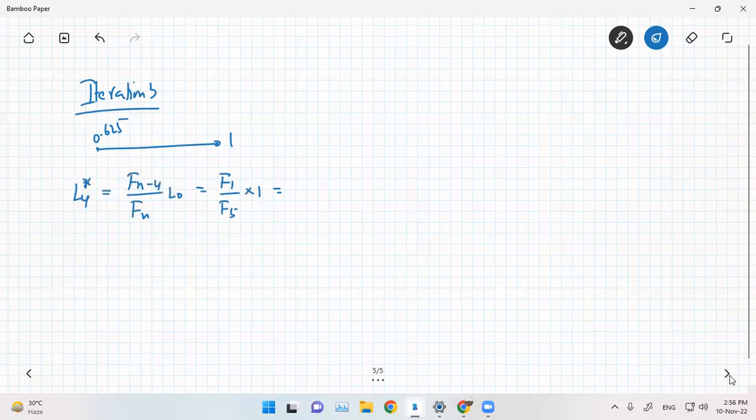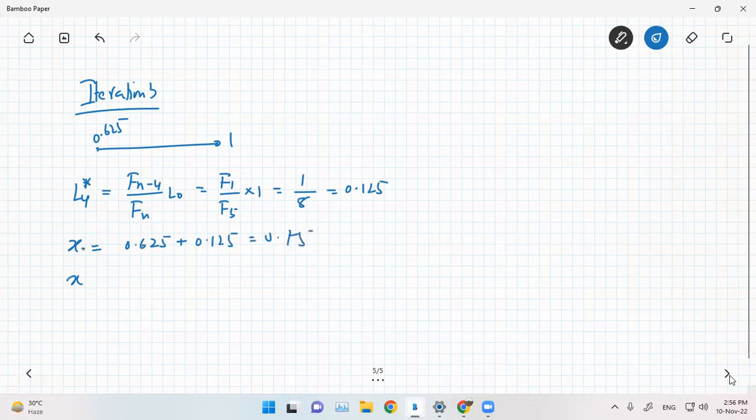So f1 is 1, f5 is 8. So 1 by 8 will be the value, so basically 0.125. So your x, we don't know yet, so we are just writing both as x. So 0.625 plus 0.125 will give you 0.75.